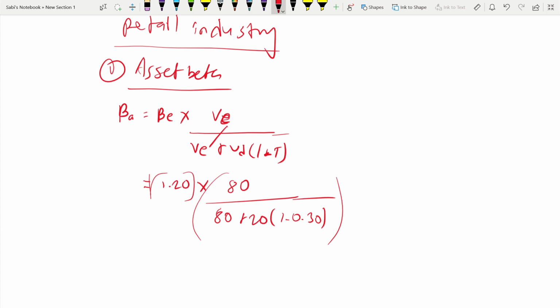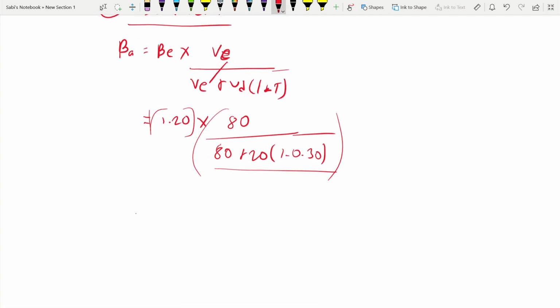When you are doing this down part, I will show it separately rather than in one stroke. 1.20 multiplied by 80 divided by... are you doing 80 plus 20 into 0.7, or 20 into 0.7 plus 80? How are you doing it?